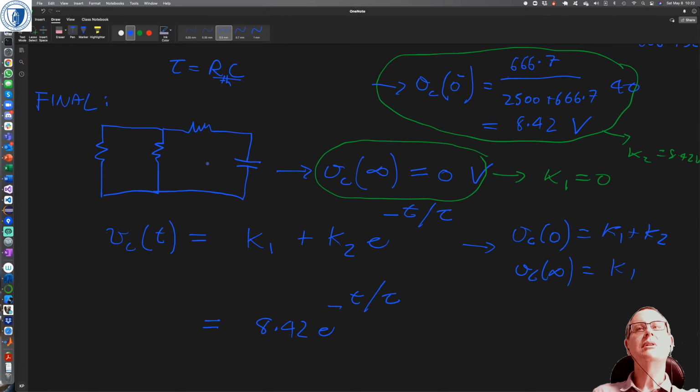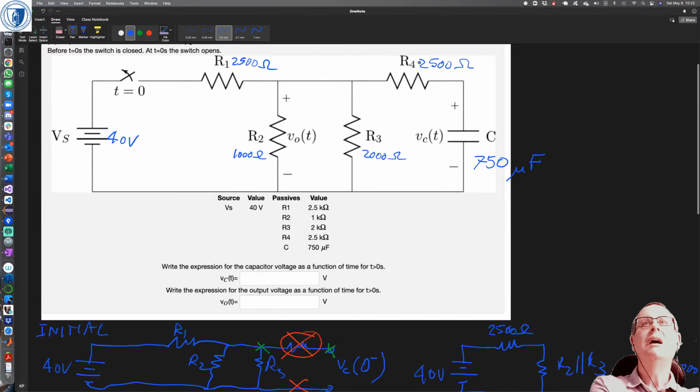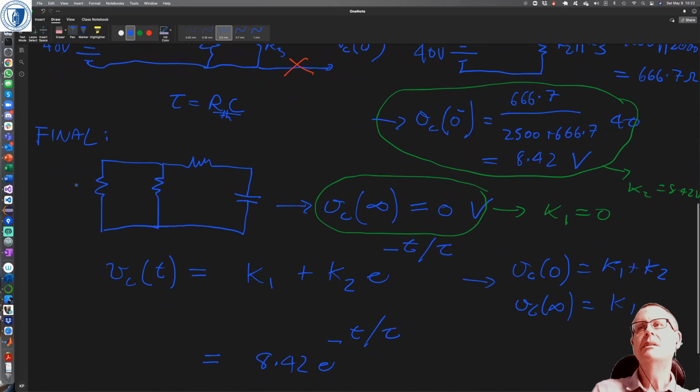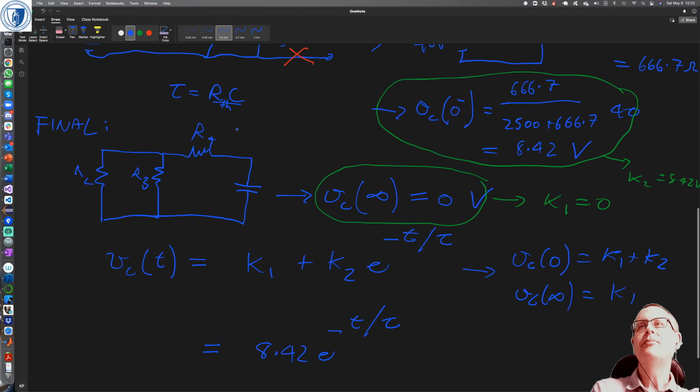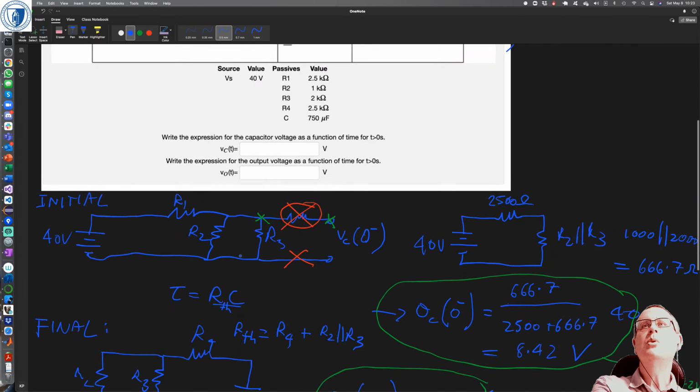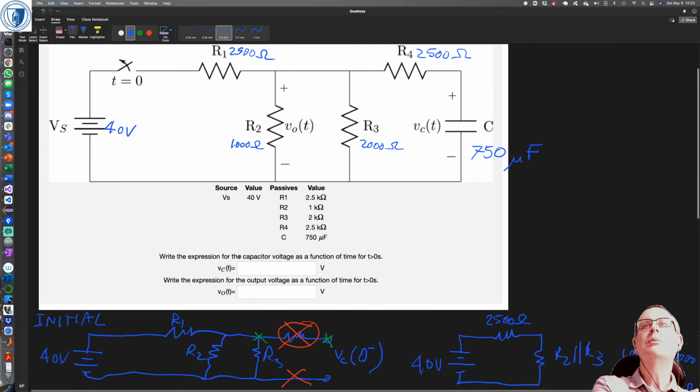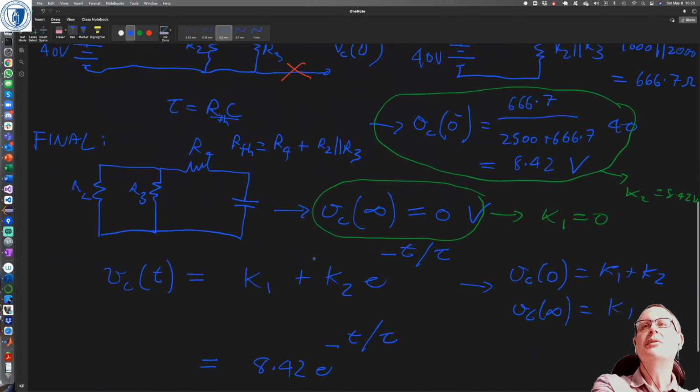The Thevenin equivalent resistance of R4, R2 and R3 is going to be R4 in series with R2 in parallel with R3. R4 is 2500. R1 and R4 are both the same.